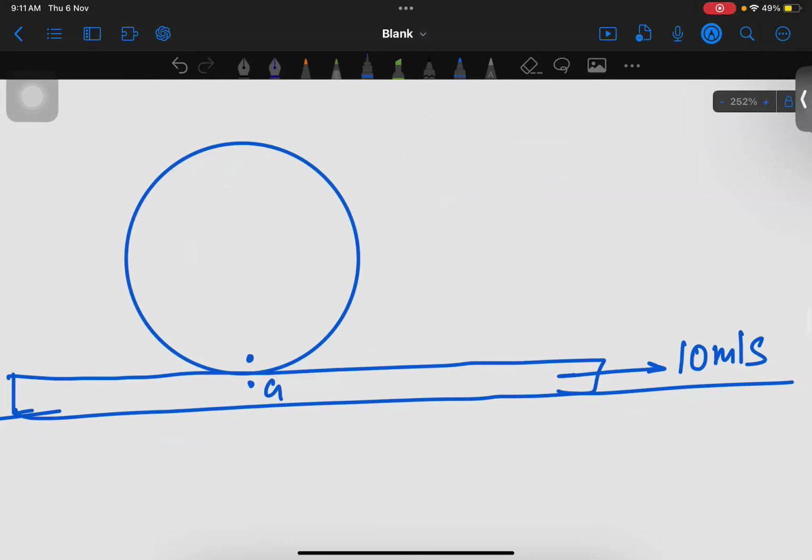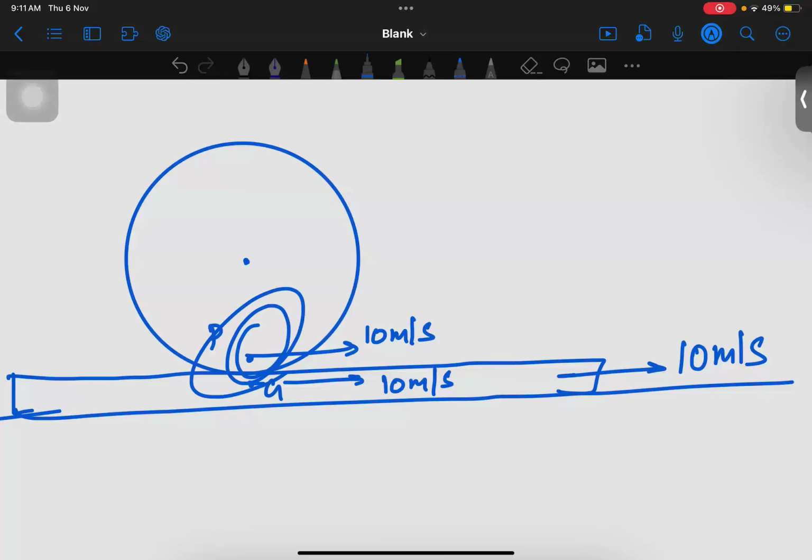If you do not want this cylindrical or spherical object to slip, this point must have the same velocity as the point G, which means this one must also have 10 meters per second. Why? If one had, let's say, 11 or 9, then either it will move faster compared to the plank where it is in contact, or it will move slower, which means it will slip along the common tangent.